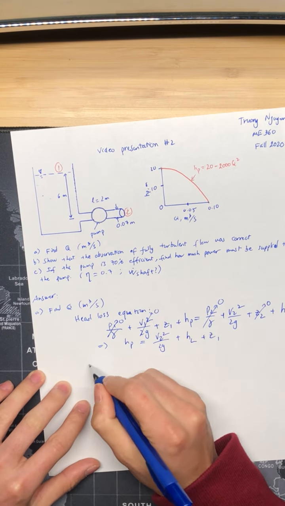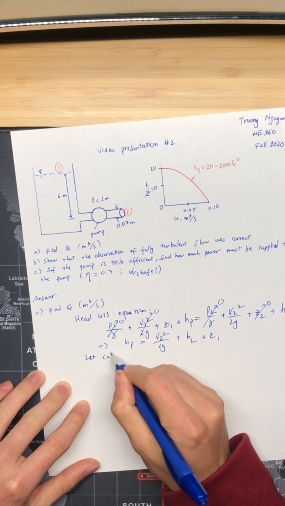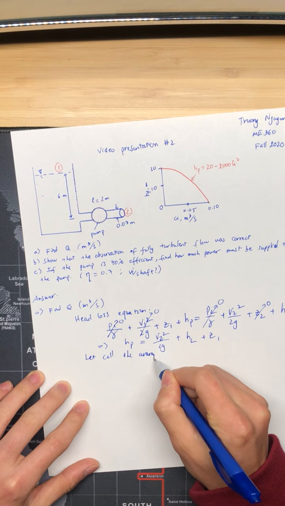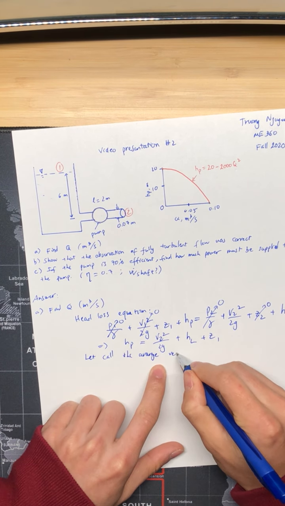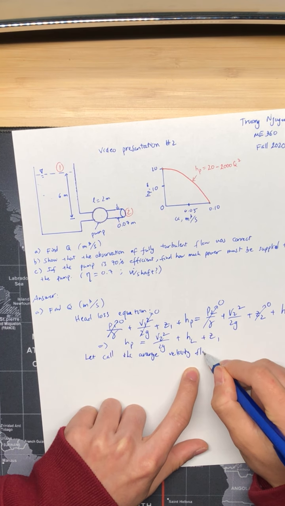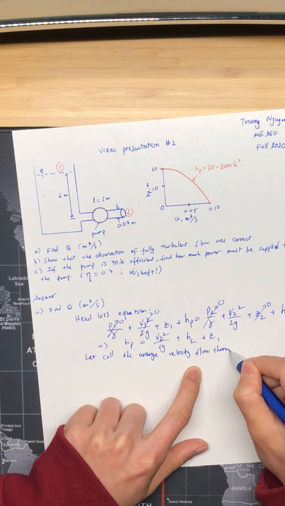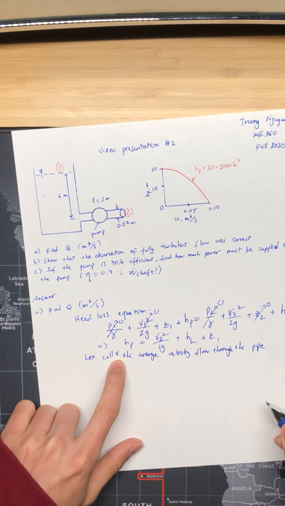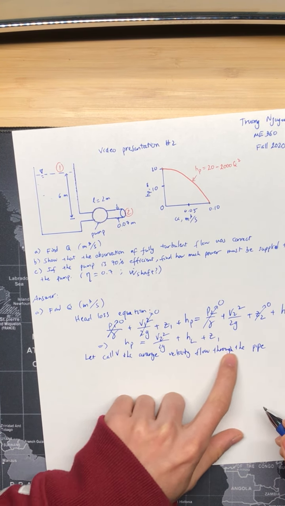Let's call V the average velocity of flow through the pipe.